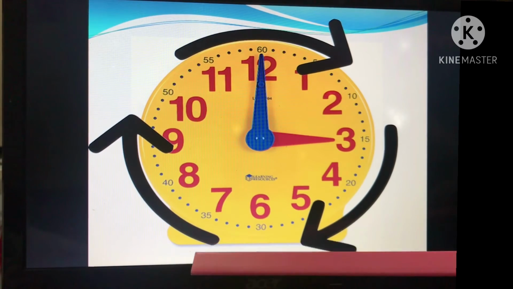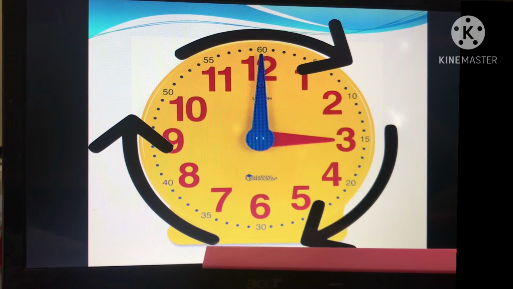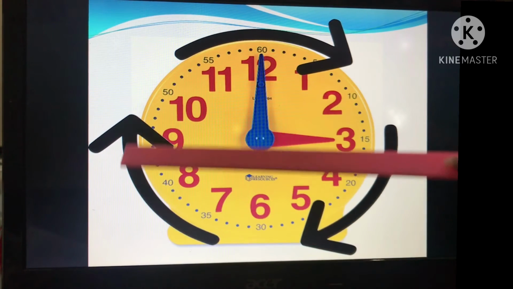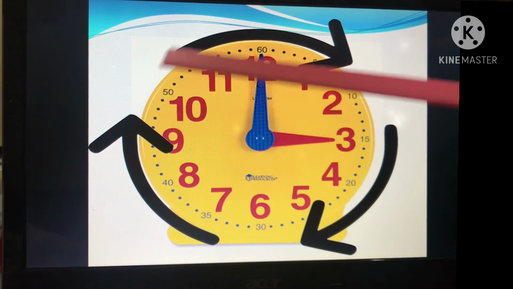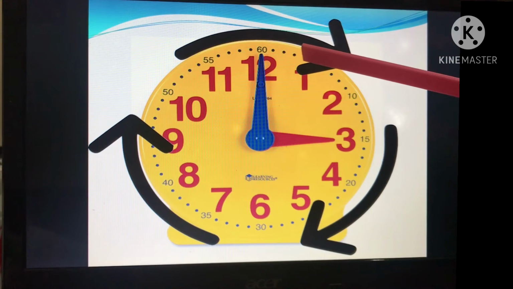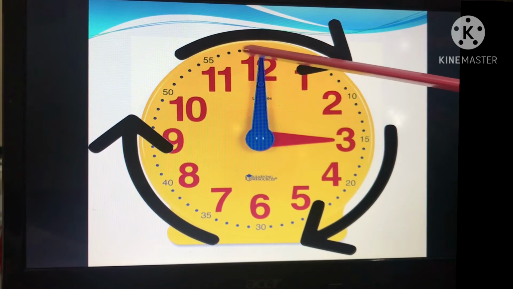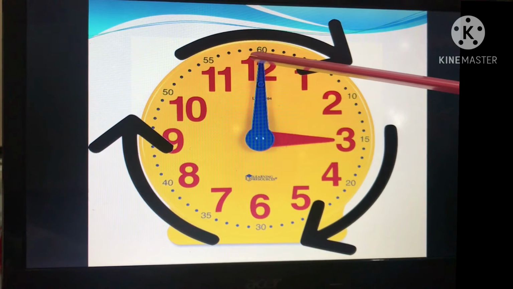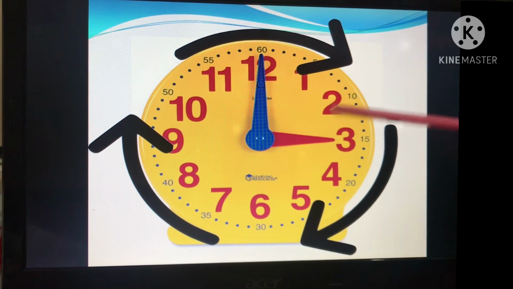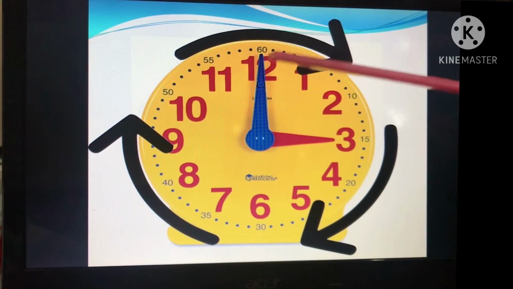We will read the two hands of the clock clockwise, for example, starting from number 1 going to number 12.